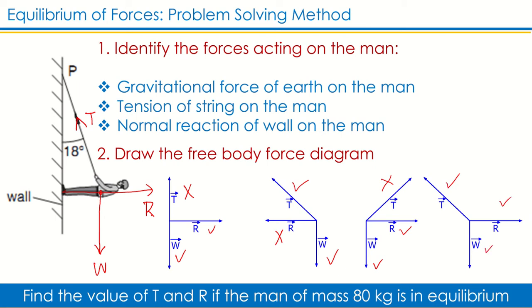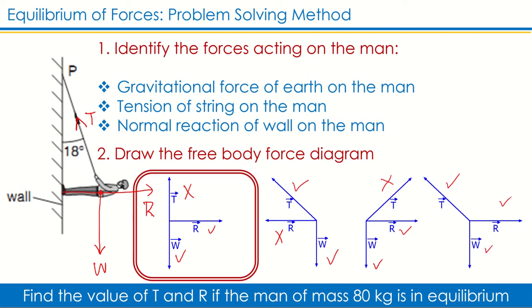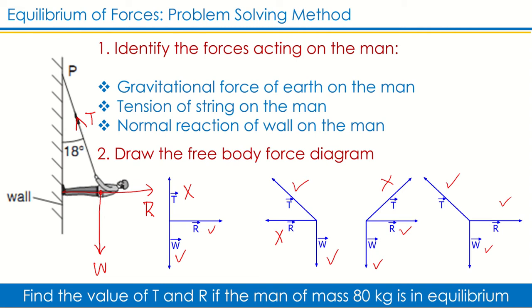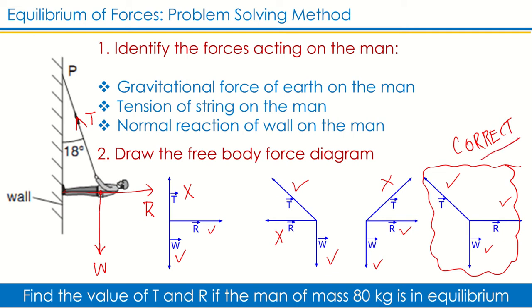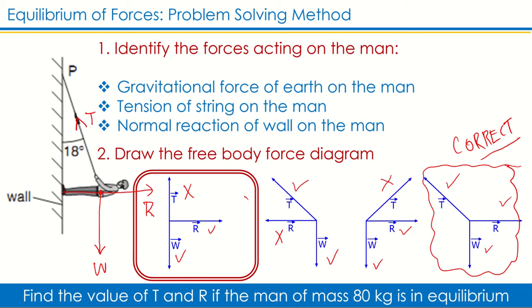So this is the correct free body force diagram. The animation is actually at a wrong place, so you may omit that. This is the correct one which I'm writing, but in the video it also shows the other one, which is not the free body force diagram.